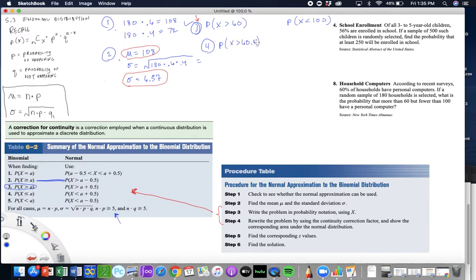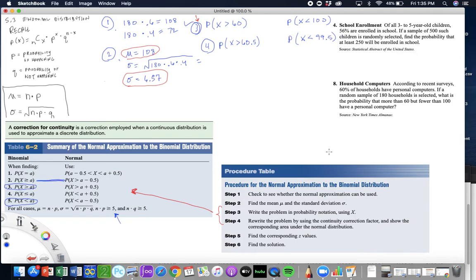The reason is I don't want to include 60. I want all values above 60.5. In this case, we look at less than 100. This one applies to less than 100, so we subtract 0.5 from that. So really we're looking for P(x less than 99.5).